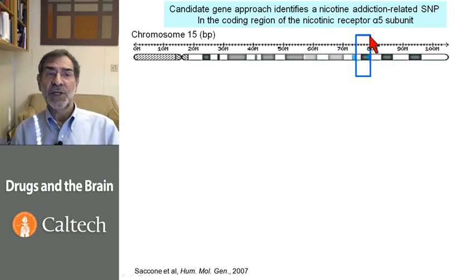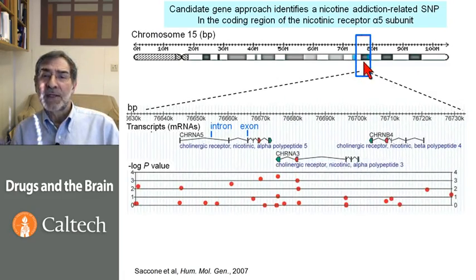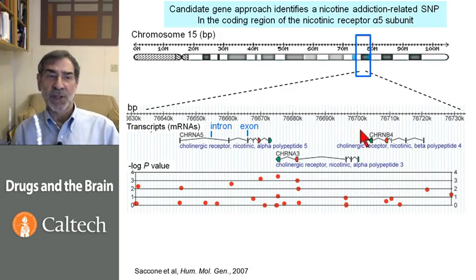The candidate gene approach involves chromosome 15, about 3/4 of the way along chromosome 15, and we are going to expand this region. We find an extremely interesting set of sequences along this region. The region is about 100 kilobases long, so it's a small fraction of the chromosome.